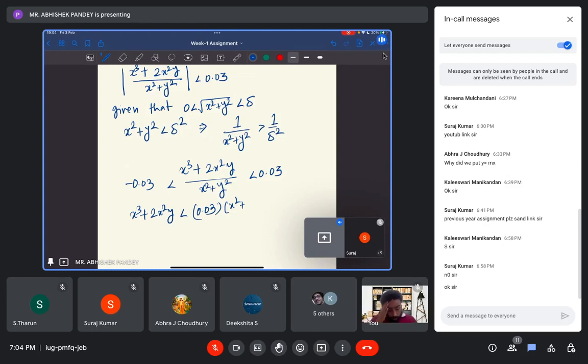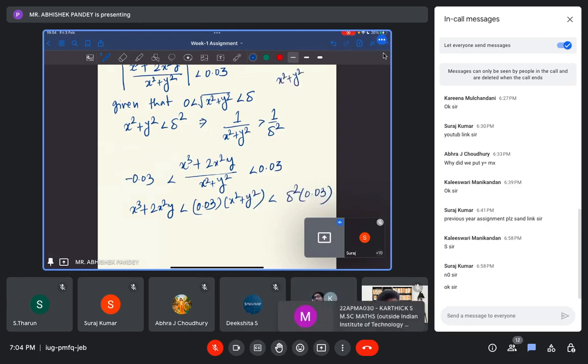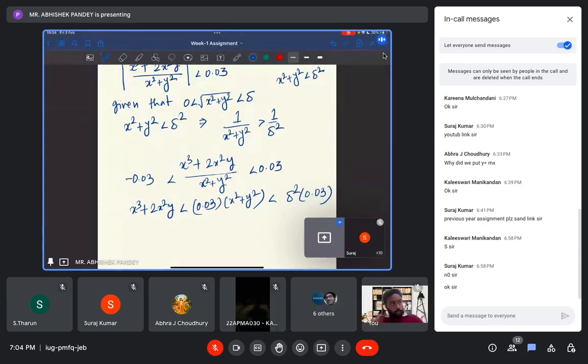Again, if you take, so if x square plus y square is less than delta square, then this individual quantity, x square and y square, would also be less than delta square, isn't it? Yes, sir. Yeah, because both these quantities are non-negative.